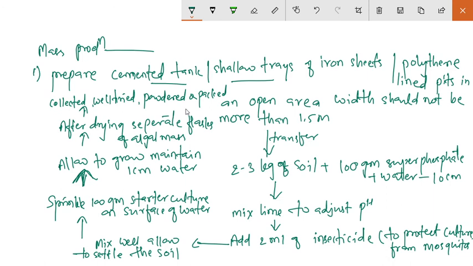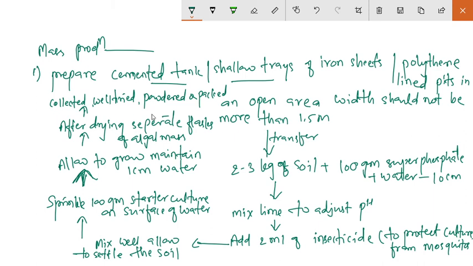This algal flakes can be stored or used as a starter inoculum again. It should be stored in a cool and dry place. We can store this algal powder for 3 years without losing its efficiency.